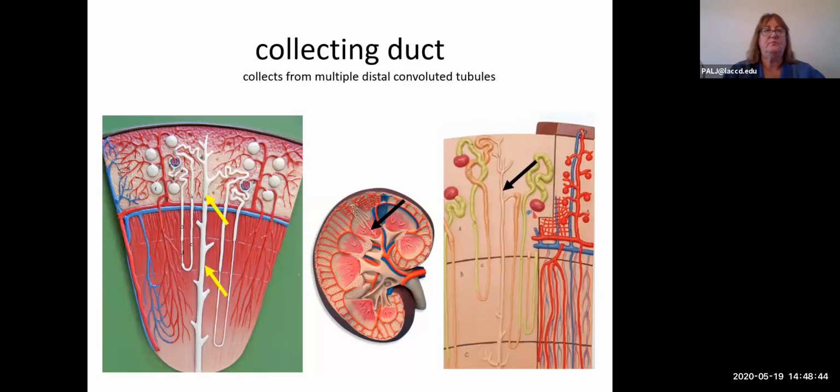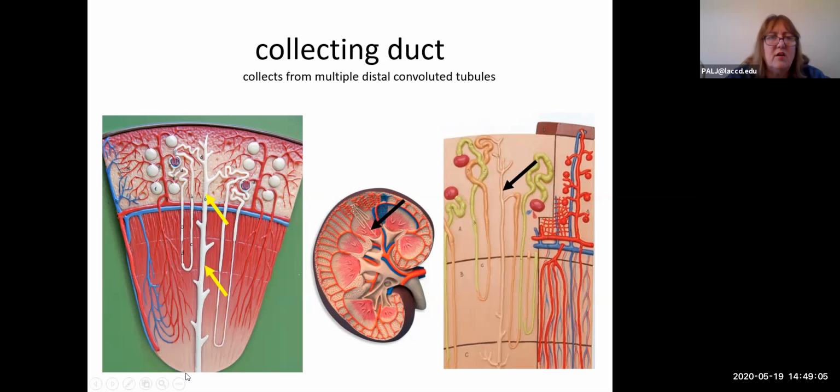All right, so where we had our urine was in the distal convoluted tubule, and the distal convoluted tubules then become like all these driveways which enter this main street known as the collecting duct. So it's collecting all the urine from multiple distal convoluted tubules.